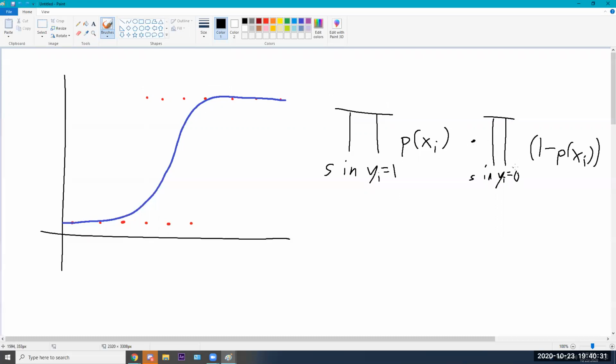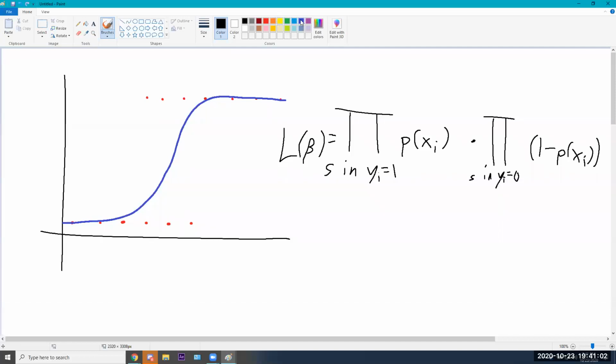And then the same thing here, where y_i is 0, where the mouse is not obese, and then we're just getting 1 minus the probability that it is obese. And so this is denoted L of B, or beta, because this is actually dependent not just on the data points, but on the parameters, right?